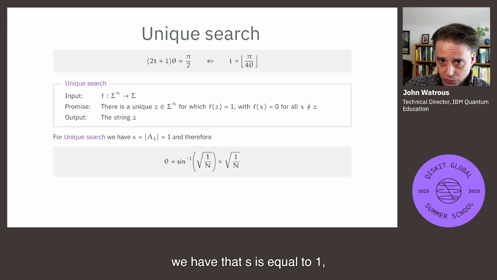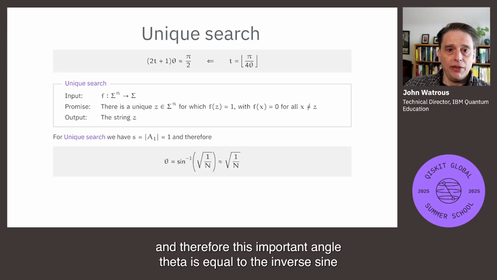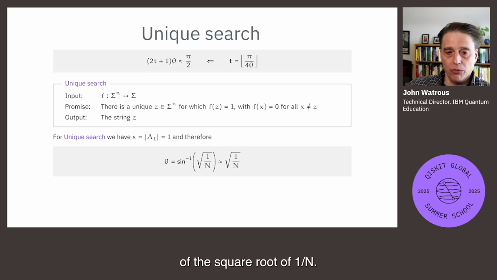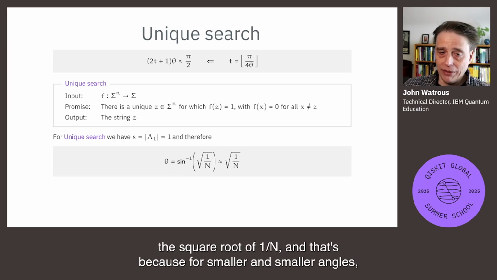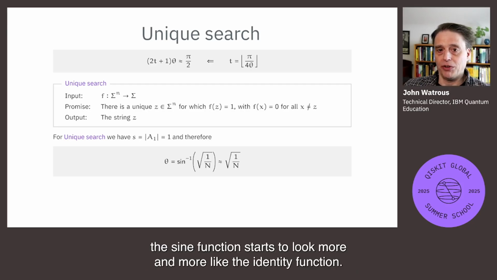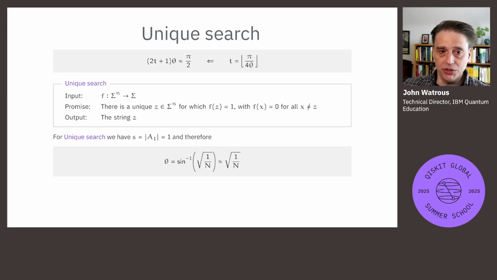For unique search, we have that S is equal to 1, and therefore this important angle theta is equal to the inverse sine of the square root of 1 over N. When N is large, this value is approximately the square root of 1 over N, and that's because for smaller and smaller angles, the sine function starts to look more and more like the identity function.